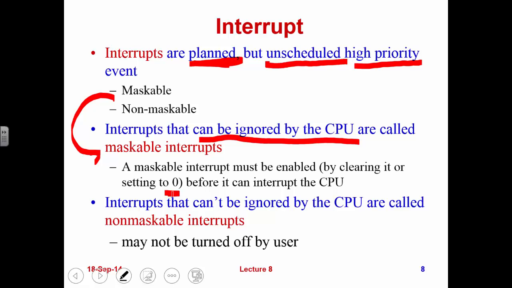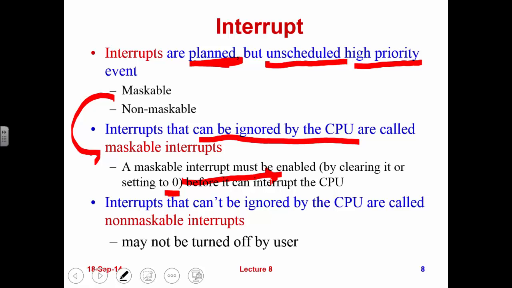If you make it 0, it can interrupt the CPU. Here we try to say you make the control bits 0 to enable it. This is a little different in philosophy from what we thought before. In general, we thought you make it 1 to enable it, but here it's not. Here you make the control bits 0 to enable it.